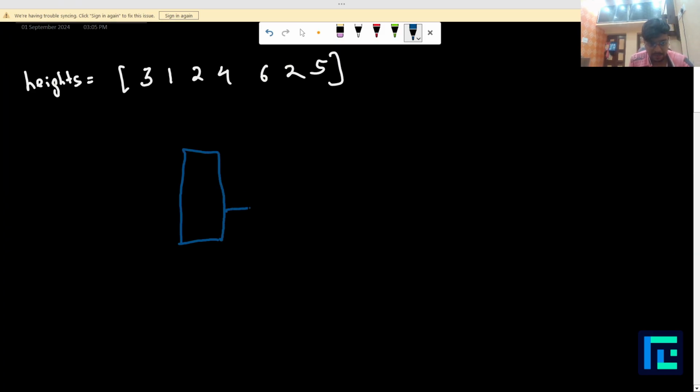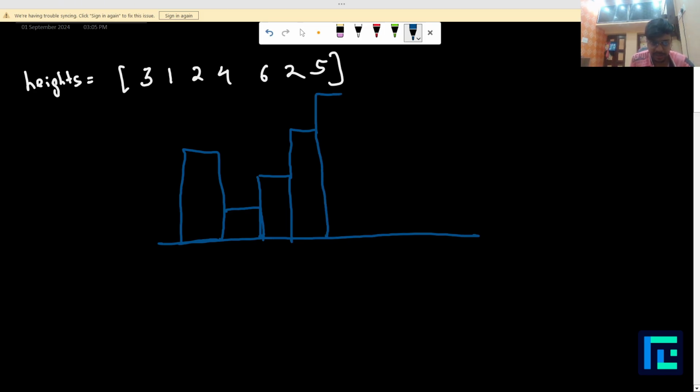Then my second coral having height of 1. Then my third coral having height of 2. Then my fourth coral has height of 4, fifth coral has height of 6, sixth coral has height of 2, and seventh coral has height of 5.